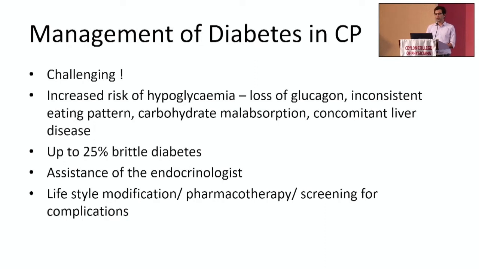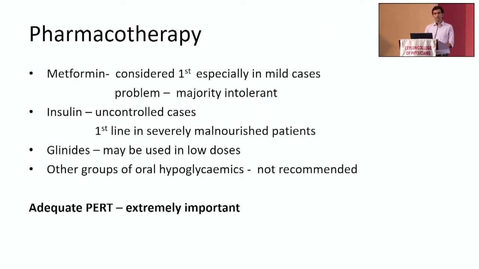The components of management are the same as other types of diabetes: lifestyle modification, pharmacotherapy, and screening and management of complications. For pharmacotherapy, metformin can be considered as initial therapy, but the problem is the frequent side effects; it may not be tolerated by the majority of patients.